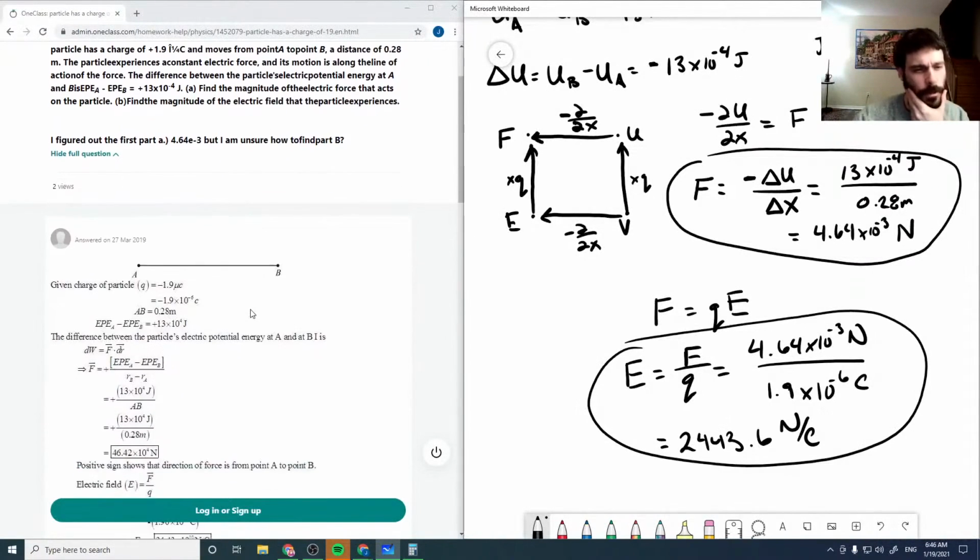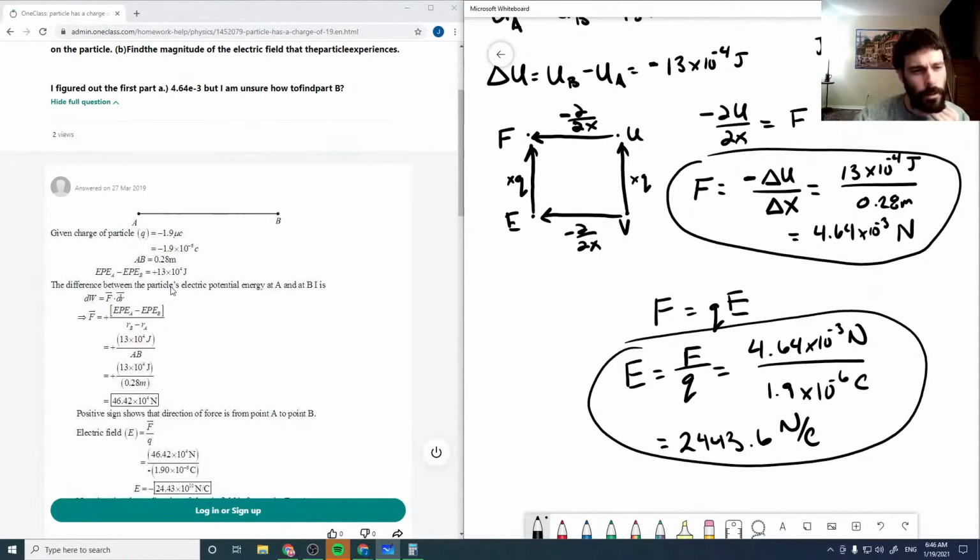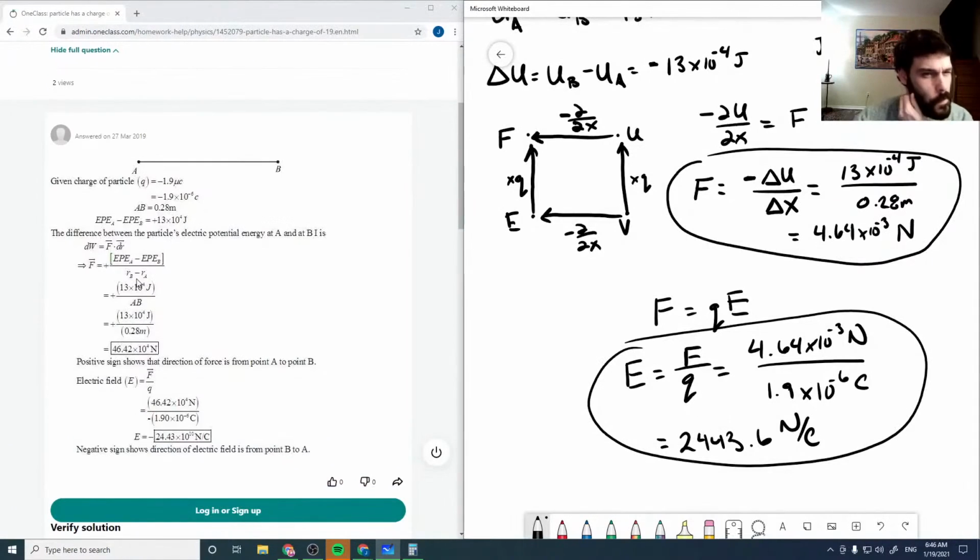Now if we check through the solution here, our charge is starting at negative, which isn't so great. dW is F dot dr, so we're getting the same force, which is good, but their delta U is also opposite.